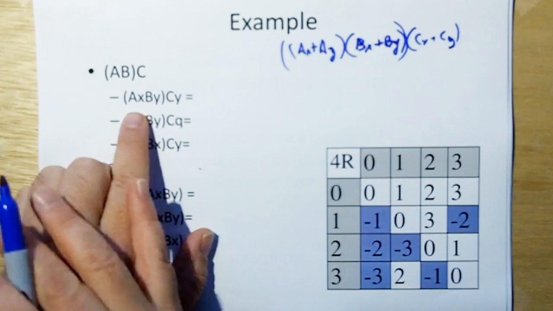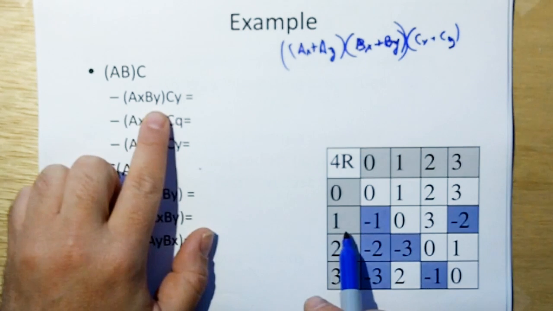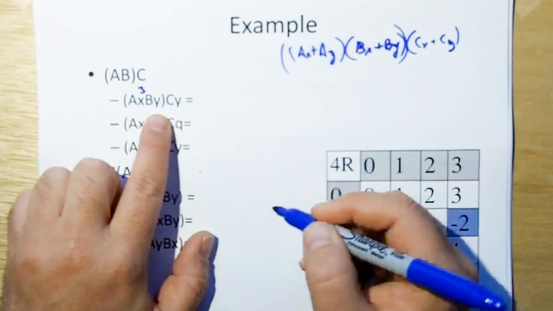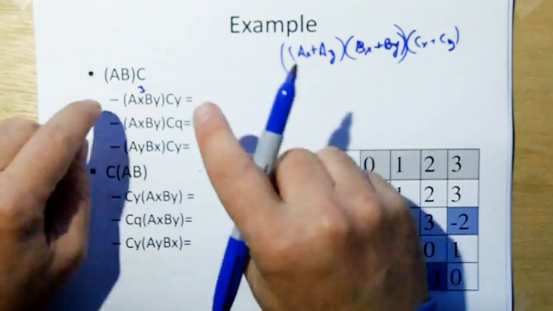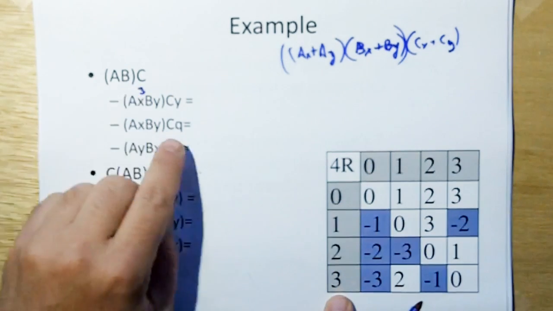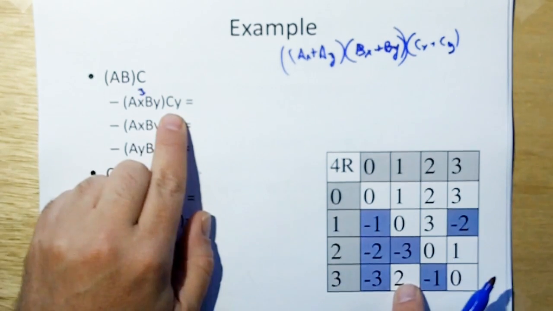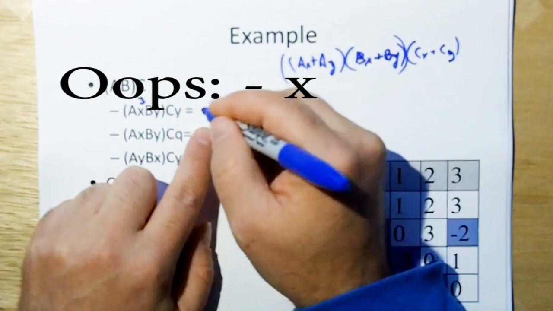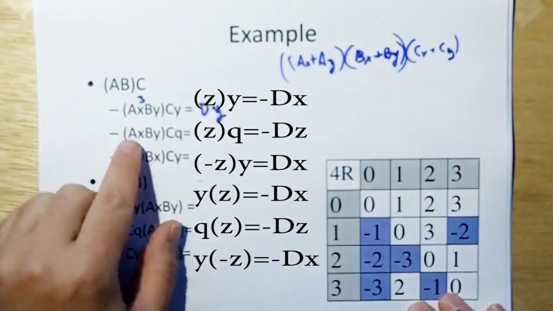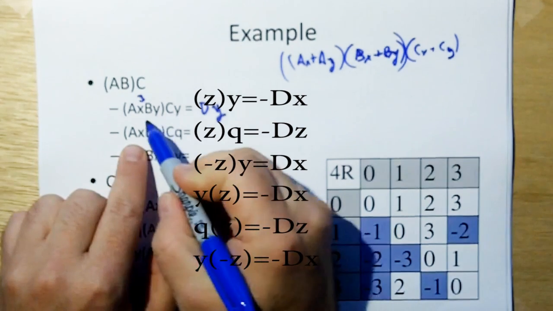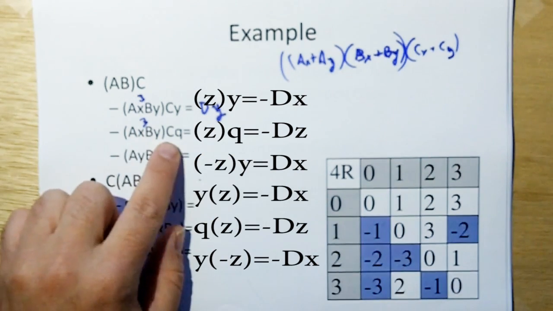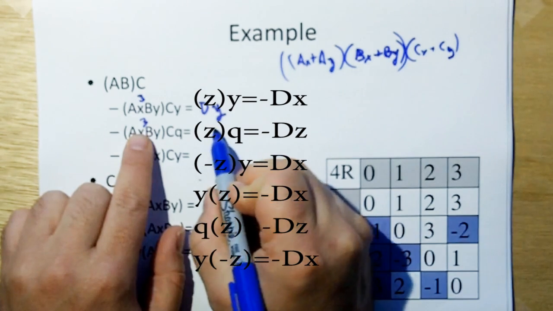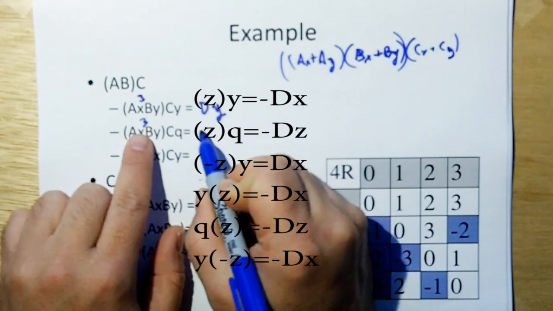So x is 1, y is 2. So our output for this is 3 without inversion. Now we take this, which is now 3, and multiply by y, which is 1, to get 2. That means our output goes to y without inversion. So that would be dy. The next one we have ax by, which is 3 again, times q. 3 times q goes out to z, negative z.